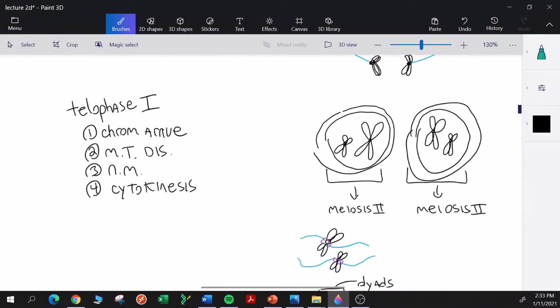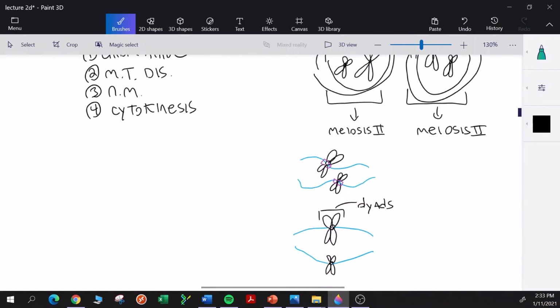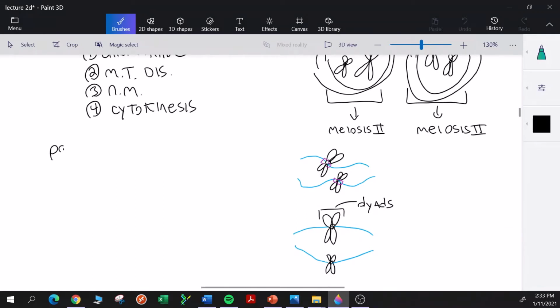So, okay, what happens there during meiosis II? Now during prophase II, what does prophase II mean? Prophase II means the prophase in meiosis II.